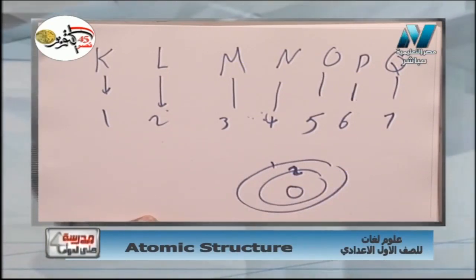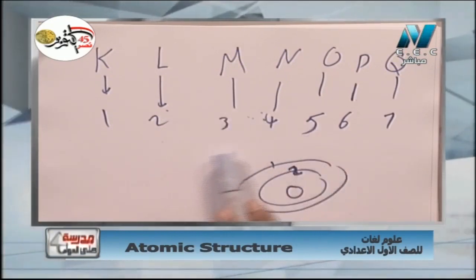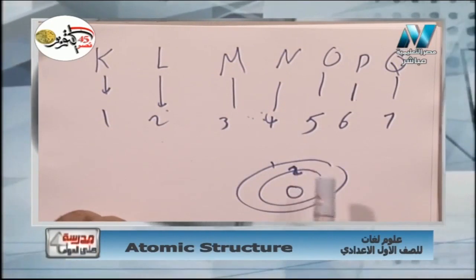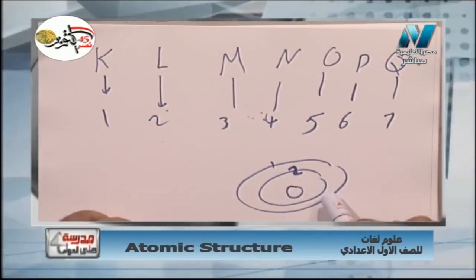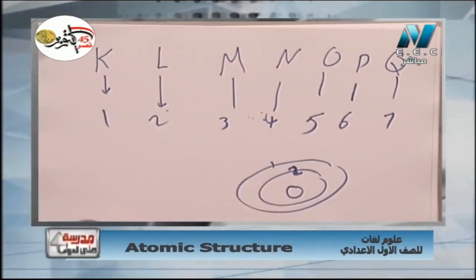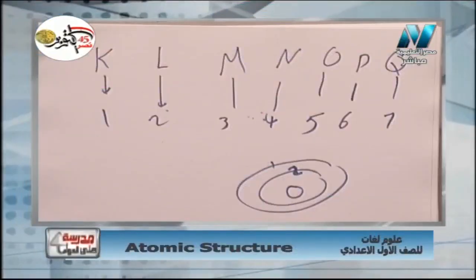But the heaviest atom includes the 7 energy levels, K, L, M, N, O, P, Q. And the lighter one, which is hydrogen, contains just what? 1 energy level. Okay? So the atoms differ from each other in number of what? Number of energy levels.